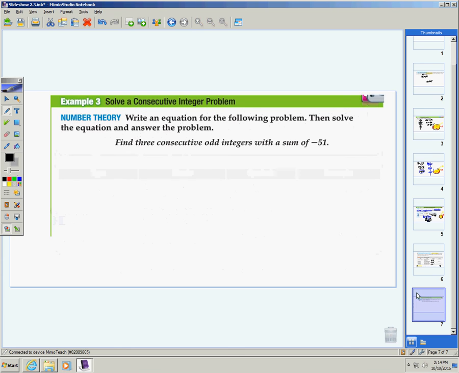So we've got this question, and we're going to write an equation and then solve the equation and answer the problem. So we want to find 3 consecutive odd integers with a sum of negative 51. So I'm going to let n equal my first odd integer. And that's actually all we need to define, because I know n plus 2 will be my second odd integer.